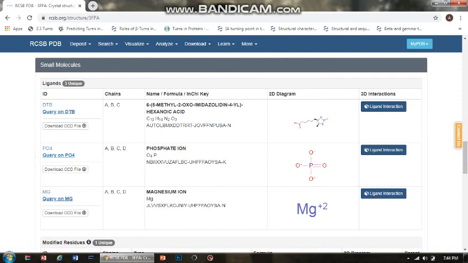It shows any other compound that is attached to the protein along with its 2D diagram and the 3D interactions. You can click here and observe what the interactions were between the ligand and the protein.